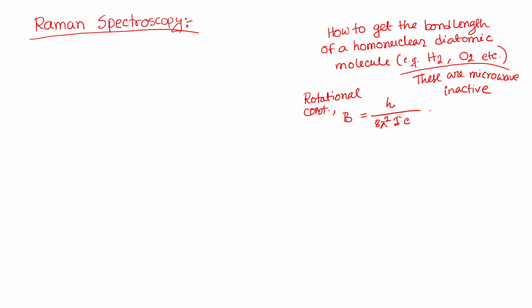From here you also know that I is mu, the reduced mass, times r square, the bond length. If you know B from microwave spectroscopy, then you get the bond length. But how are you going to calculate the bond length if they are microwave inactive? So your answer is Raman spectroscopy.